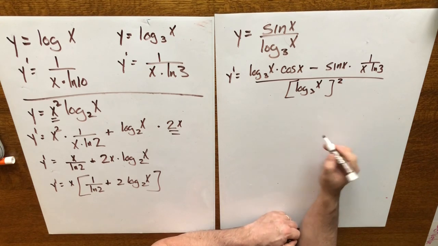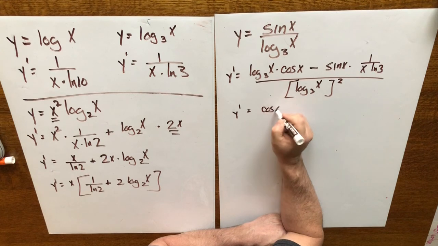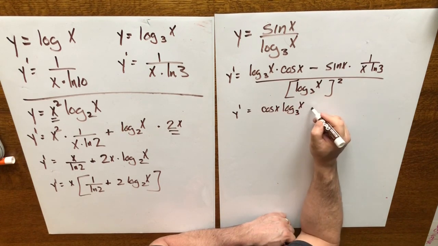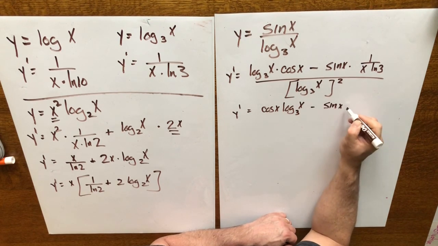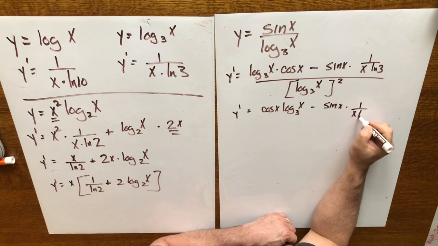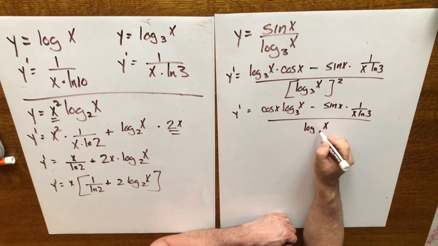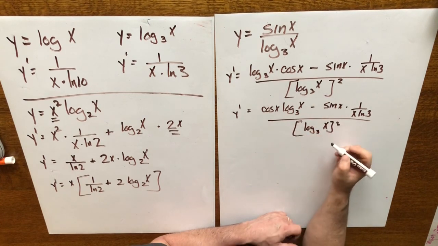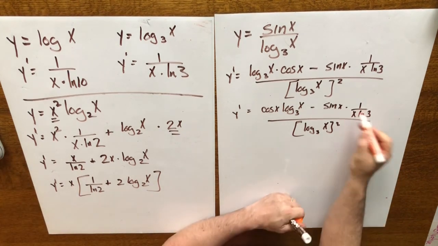So now we're taking a look and seeing what we can do to simplify that. There's not tons. We've got cos x log of x to base 3 minus sine x times 1 over x ln 3, all over log of x to base 3 all squared. So I think what I'll do to simplify that is multiply everything to get rid of this denominator right here.